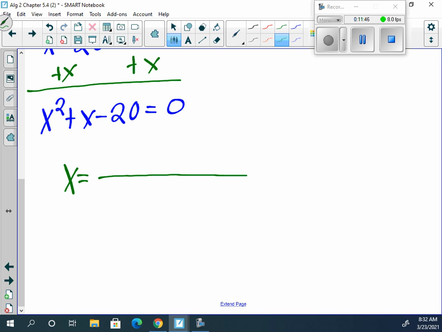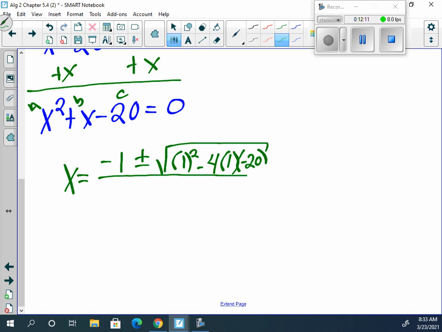So negative b, well, our b value would be the number in front of x, 1, so you'd have negative 1, plus or minus the square root of b squared minus 4ac, where a is 1, b is 1, and c is negative 20, because we take the negative with it, all over 2 times a, well, 2 times 1.